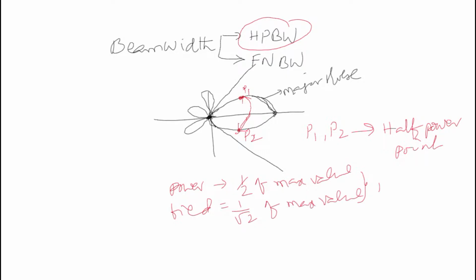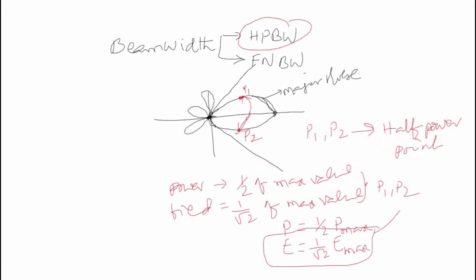That means at P1 and P2 points, power is equal to half of its maximum value, let us say P max by 2, and field is equal to 1 by root 2 of its maximum value. As field is equal to 1 by root 2 of its maximum value, this half power beam width is also known as the 3 dB beam width.